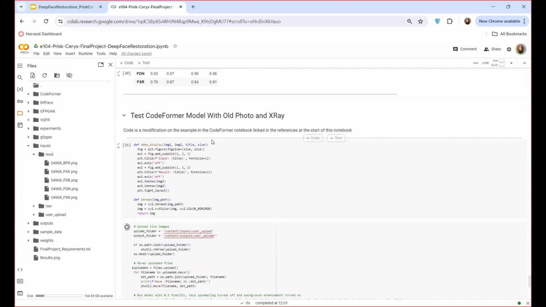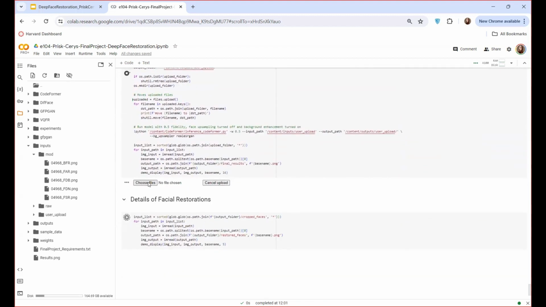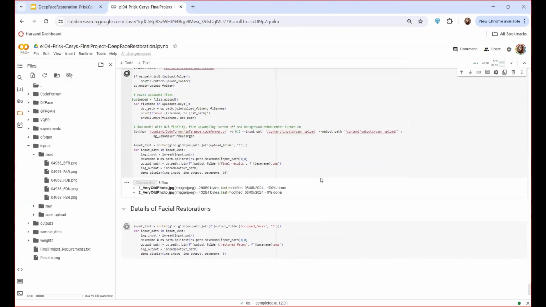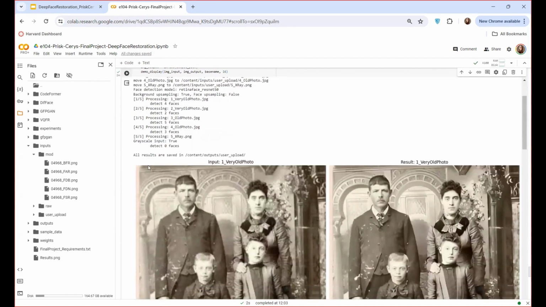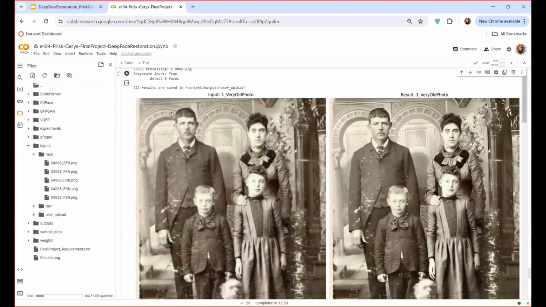So I've chosen to do an extra demonstration showing some more examples. You can then come here and choose the files to use. Here are the outputs, which show the restoration of some different images using CodeFormer.